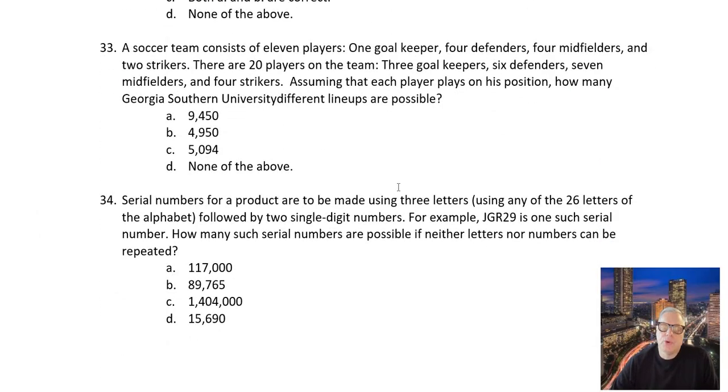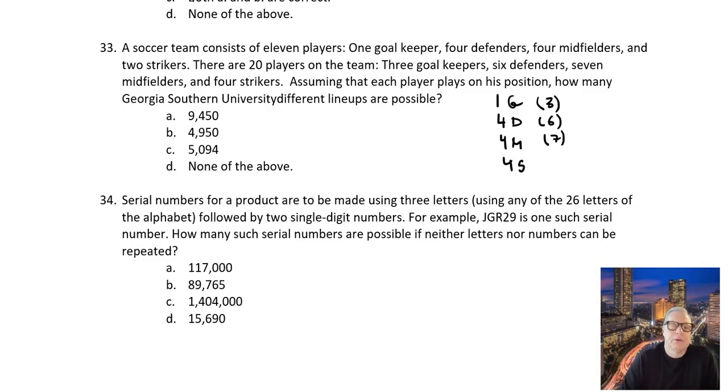Okay, a soccer team consists of 11 players: 1 goalkeeper, 4 defenders, 4 midfielders, and 2 strikers. On the team we have 3 goalkeepers, so we have a total of 3 here. We can choose from 6 defenders, 7 midfielders, and of course we have only 2 strikers.